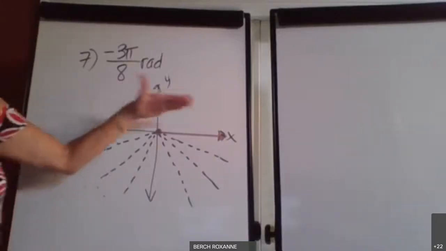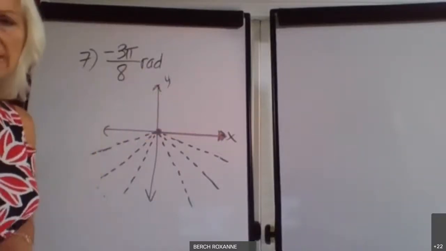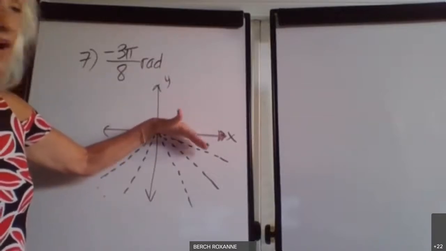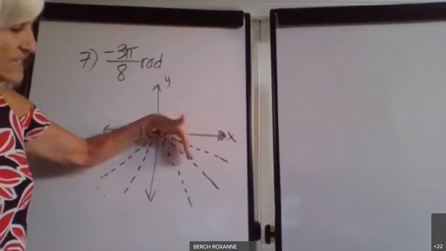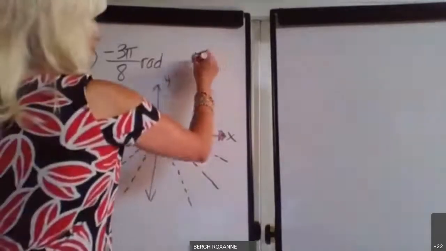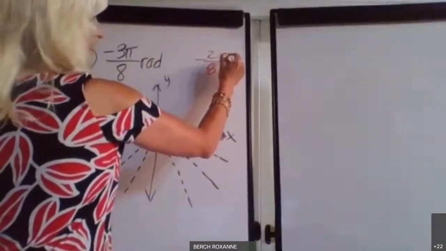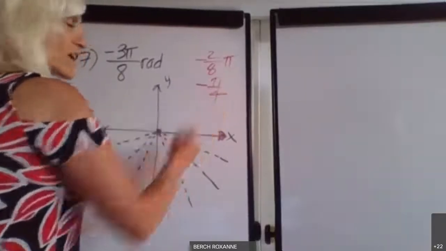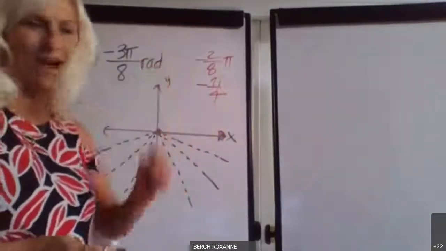Now you always start from the x-axis. So this angle right here would be -π/8. This angle would be -2π/8, which is really not over 2π/8 at all. It's -π/4 because we're going to simplify.